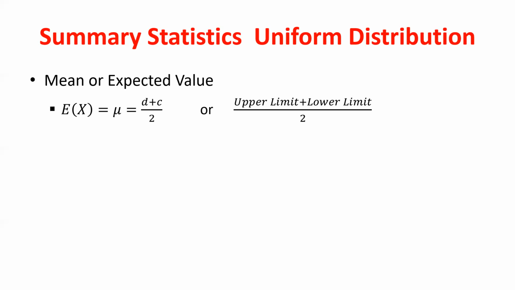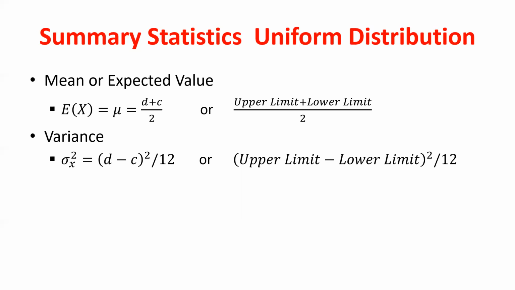It's fairly intuitive. The variance is not intuitive. We've got an equation, kind of like the binomial, which always simplifies down to n times p times 1 minus p. Here for the uniform, it'll always simplify down to the range, d minus c, which represents the maximum minus the minimum, squared, divided by 12.